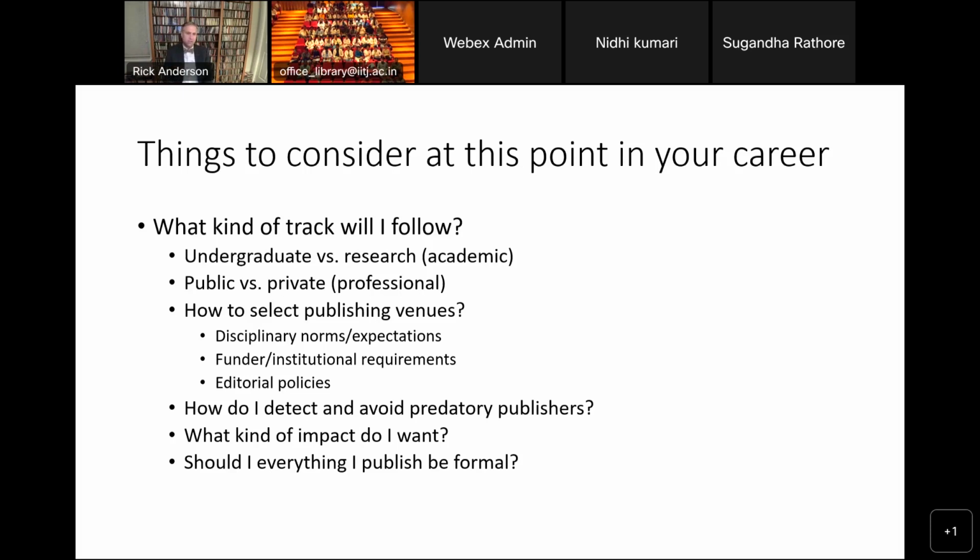Detecting and avoiding predatory publishers is so important as you start your career. One of the things that makes predatory publishers predatory is that they actively go after potential authors, and they'll send you emails saying, "Oh, you are such a great researcher and such a well-respected person in your field.